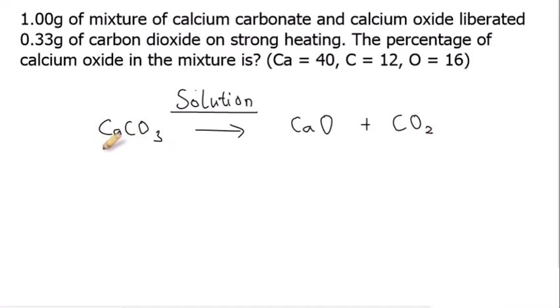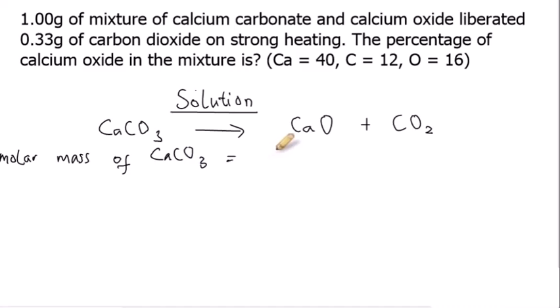Based on the equation above, we have 1 mole of calcium carbonate yielding 1 mole of calcium oxide and 1 mole of carbon dioxide. So let's calculate the reacting mass of each substance. To calculate, we need to determine the molar mass of the substances first. Molar mass of calcium carbonate equals the sum of the atomic masses of each element present.